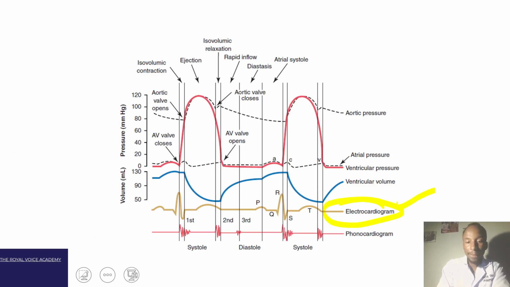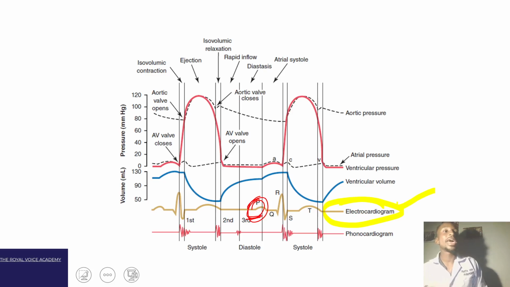So when there is a P wave here, there will be an atrial contraction because the P wave is for the atria. And remember, every action potential is followed by a contraction. And where there is a contraction, that is systole, or that is a buildup of pressure. So when your P wave has arrived, it will be followed by atrial contraction.